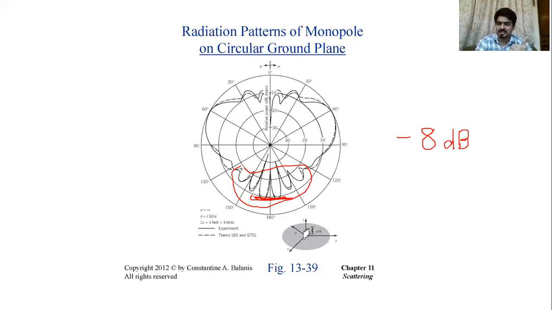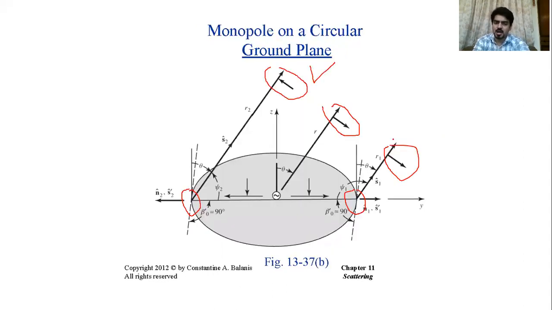Compared to rectangular or square ground plane, this is much higher. So previously we had somewhere around minus 15 dB. Now it is somewhere around minus 8 dB. And you can explain this because your ground plane is now symmetric compared to your radiation.